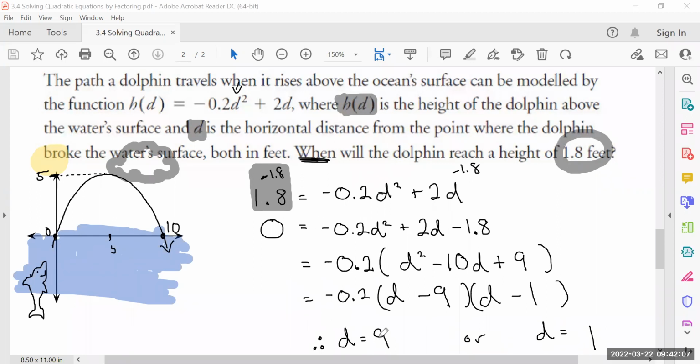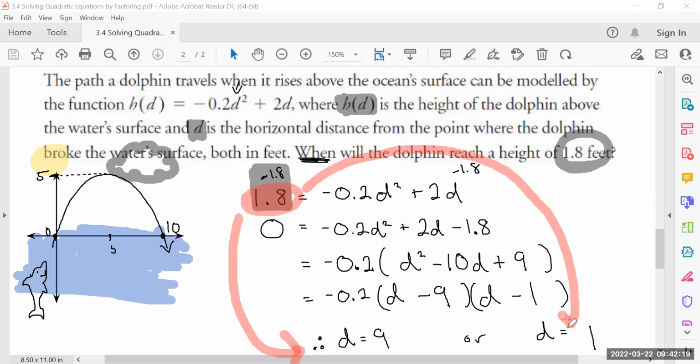Well, that makes sense. If you want my y value to be 1.8, it has to be a 9. If I want my y value to be a 1.8, d is going to be 1. Why does that make sense? Think about it this way. Remember, the height of 1.8 is around here.